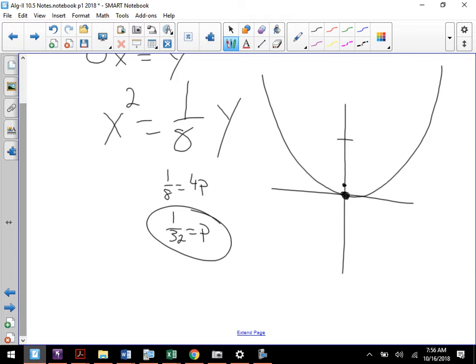The directrix. And the equation of the directrix for this one would just be y equals -1/32. It doesn't have to be perfect, obviously, because it's such a small fractional amount. As long as things are identified, labeled, done right, you're fine. Plus, you don't know how wide or how small that curve is going to open up. But that's generally what you'd have to do.